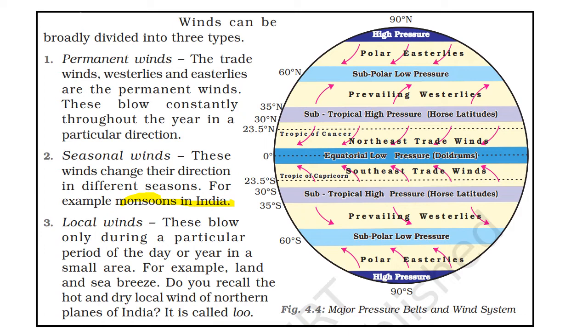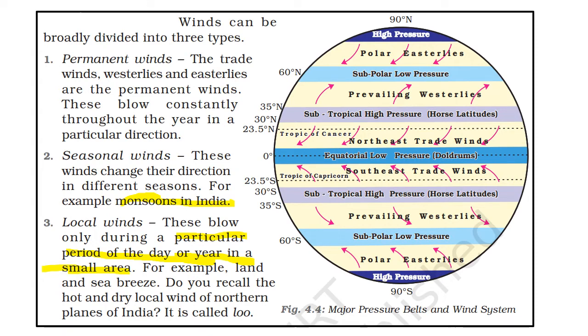Besides seasonal winds, there are also local winds. Local winds are those which blow in a particular area only, at a particular period of the day or time or year, in any small area. So this is called local winds.